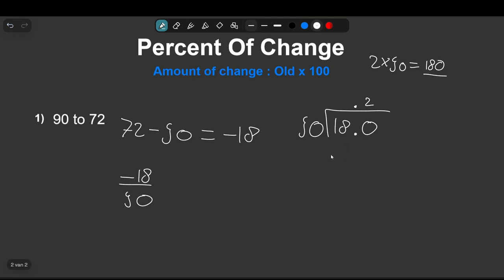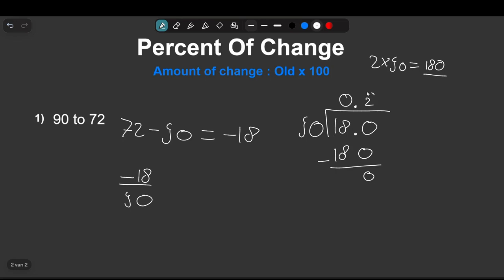So now we have to subtract these two. So we're going to do 180 minus 180. So 0 minus 0 equals 0, 8 minus 8 equals 0, and 1 minus 1 equals 0. So this tells us that we are at our last and final answer of 0.2.